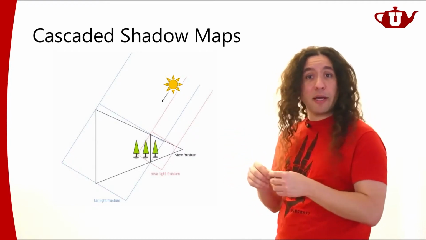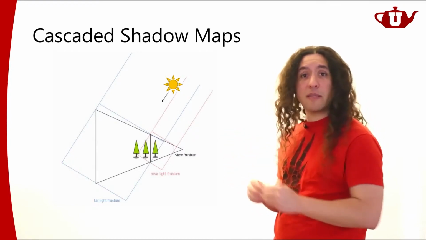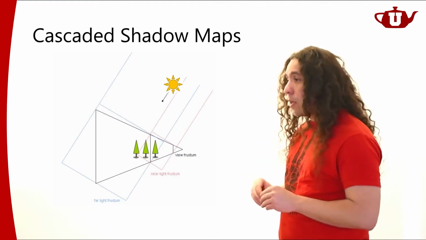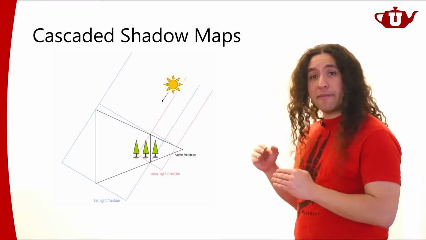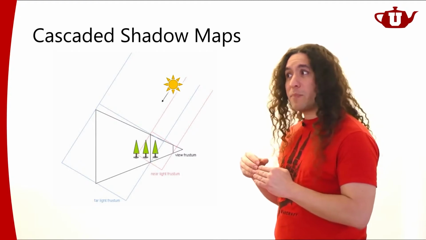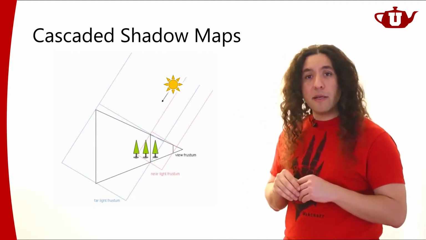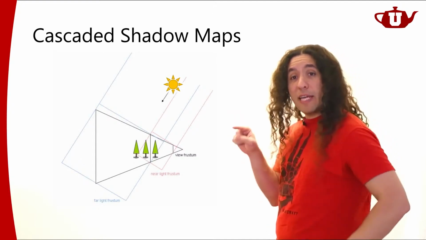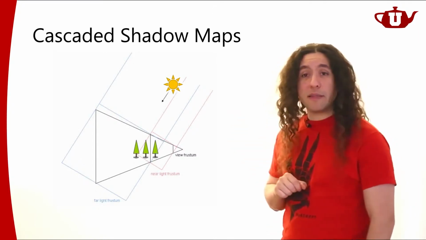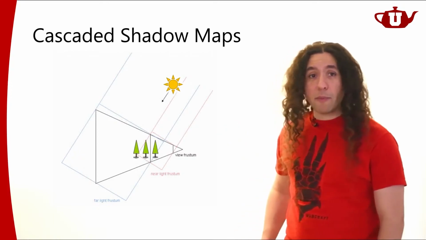That means that I'm going to have high resolution in camera space. And this way I can have shadow maps that can cover very, very large areas while having enough resolution for the parts of the scene that are close to the camera.